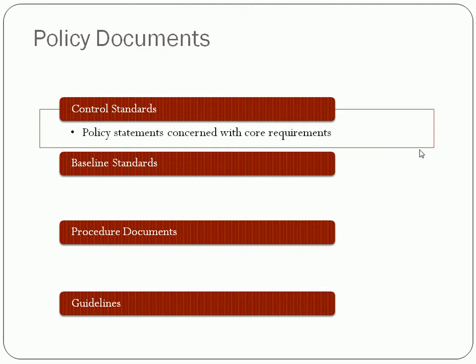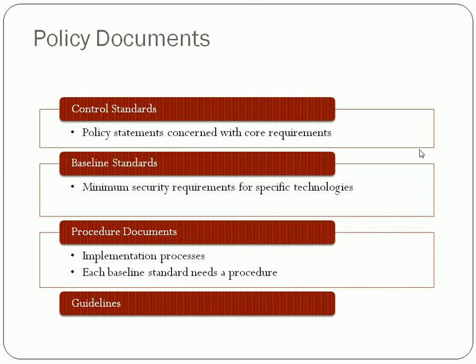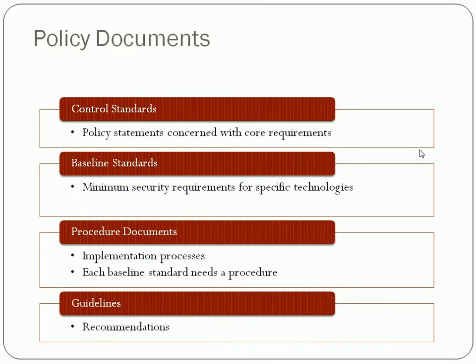And then the control standard is basically the core requirements to meet that goal. And then we have baseline standards, which talk about specific technologies that we can use to reach that goal, or how to address those goals on specific technologies. And for each baseline standard, you must have a process, so some way to implement that baseline standard. And then finally, you've got guidelines, which are recommendations around those standards. So again, we already talked about this in the previous unit, just a refresher.